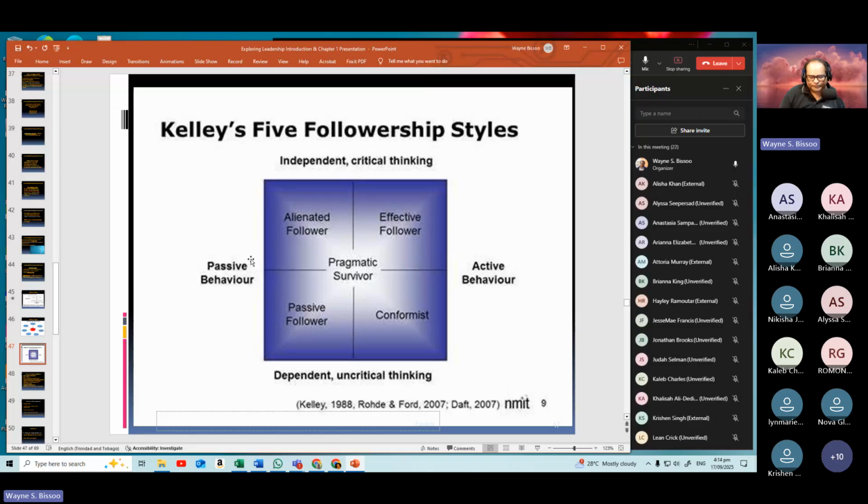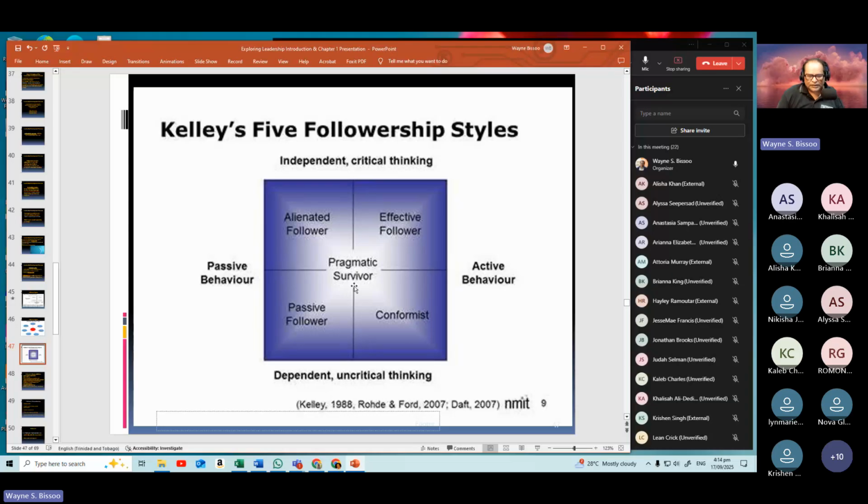Another set of analysis that we can utilize is this. We'll come back to this one in a later chapter. This is Kelly's five followership styles. You have the effective follower, the alienated follower, the passive follower, the conformist, and the pragmatic survivor.